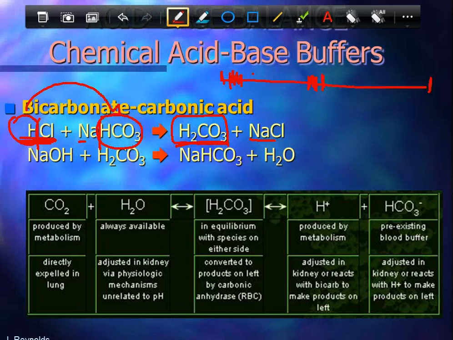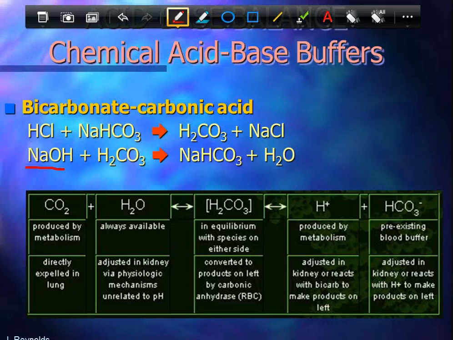Okay, now the second guy you see below, strong base, NaOH. This is sodium hydroxide. You would find it in various sink solutions to get rid of hair and clogs, Drano, things like that. All right, strong base. Carbonic acid, H2CO3, weak acid.